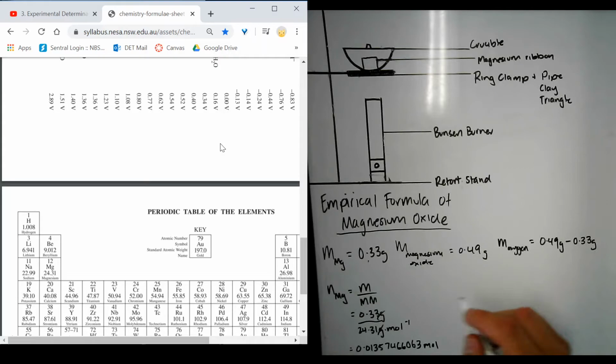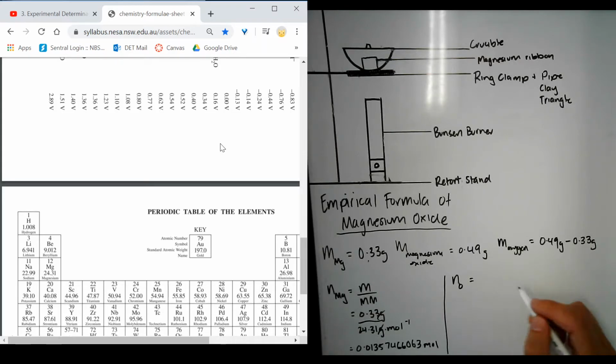I'm now going to calculate my number of moles of oxygen. Notice I'm just going to write that it's an O. I just want to know the number of moles of oxygen that I have in total, not as O2, because we want to know in the final product how many oxygens there are. It's a really common mistake that people will write this as O2.